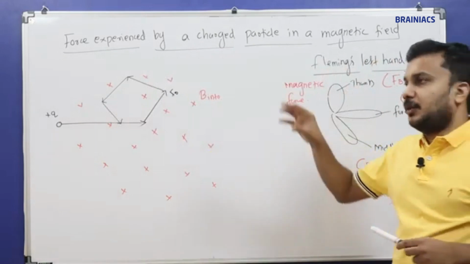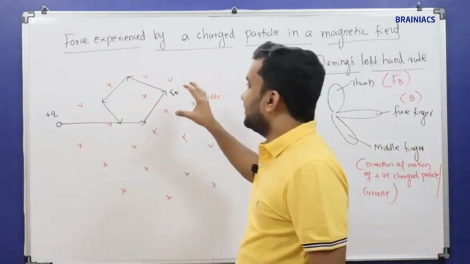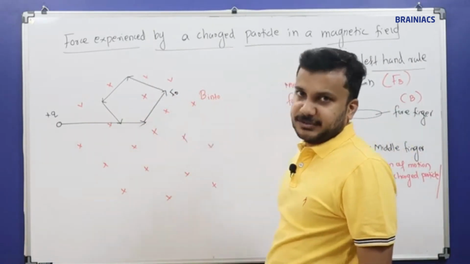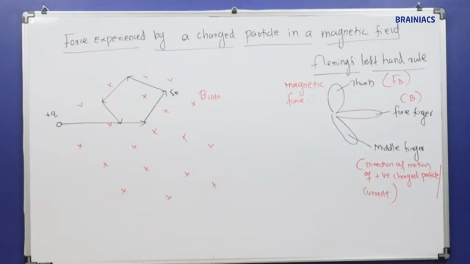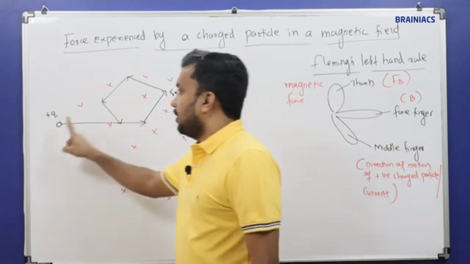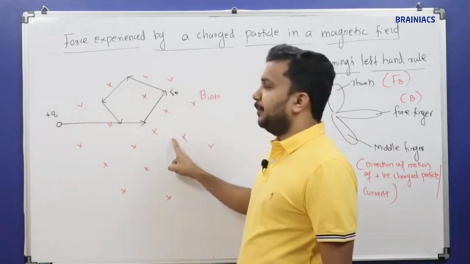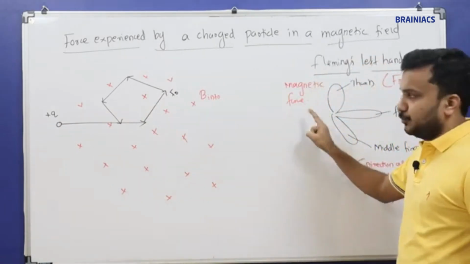So what type of motion is this in physics? This is called circular motion. It starts from one position, moves in a particular direction, and keeps on moving, and this motion is called circular motion. The point is that when a charged particle enters a perpendicular magnetic field, it experiences a magnetic force.